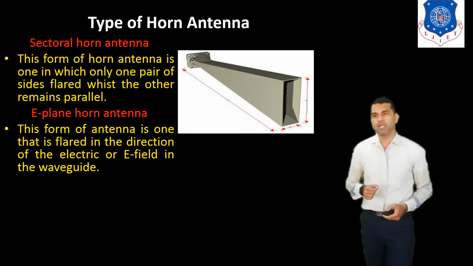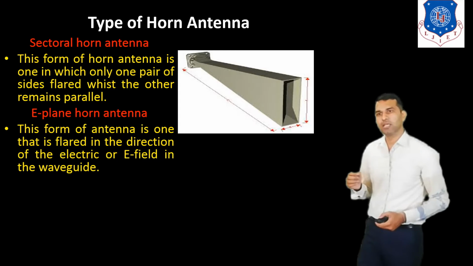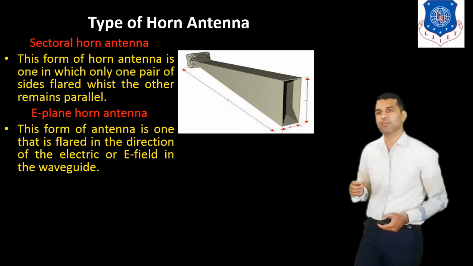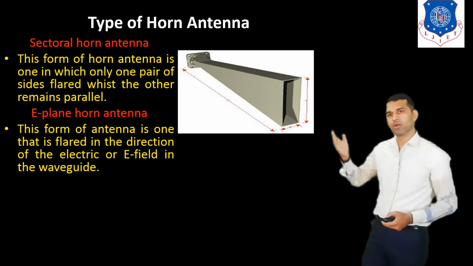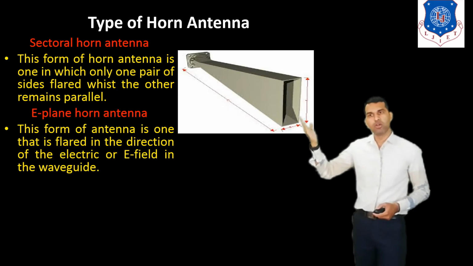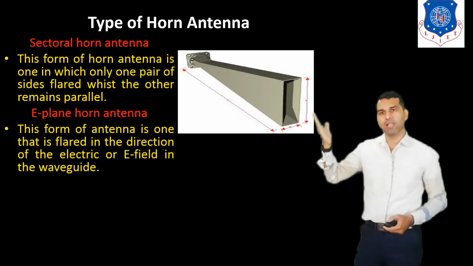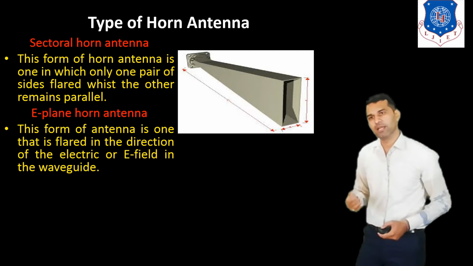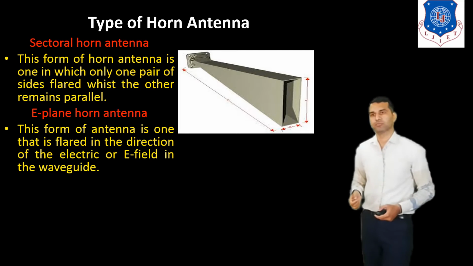This form of antenna is flared in the direction of the electric or E field in the waveguide. So this is the E-plane horn antenna. In this antenna, the flaring is given in the E field, or we can say in the electric direction.